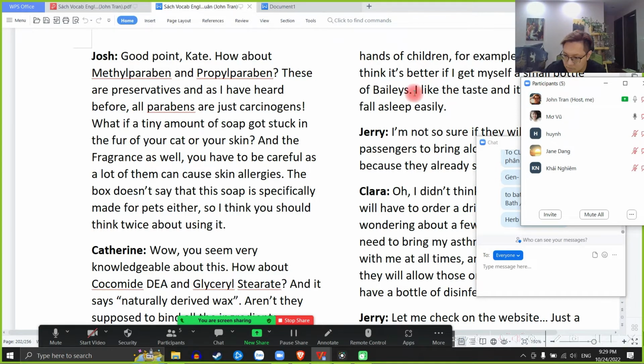What if a tiny amount of soap got stuck in the fur of your cat or your skin?